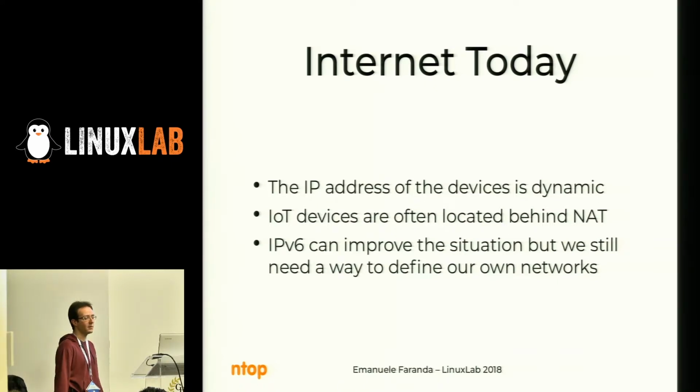And IPv6 can partially solve these problems, because with IPv6 any device could have its own IP address, but in many cases we need a way to define our own networks and to set up administration policies on them.